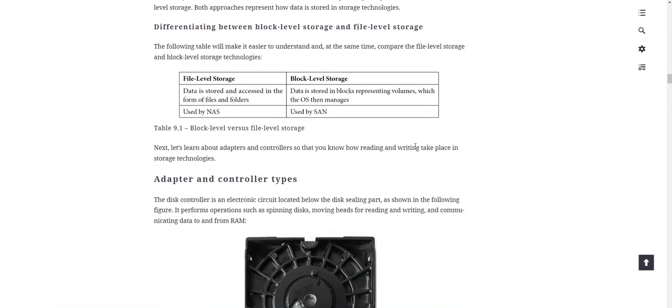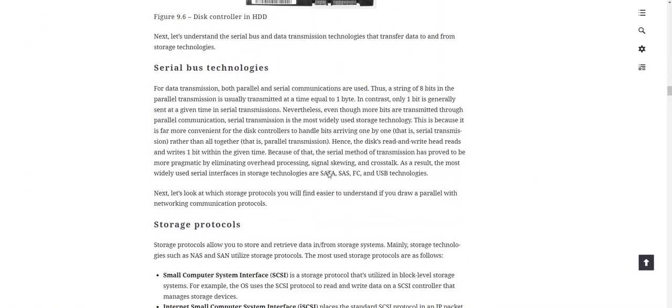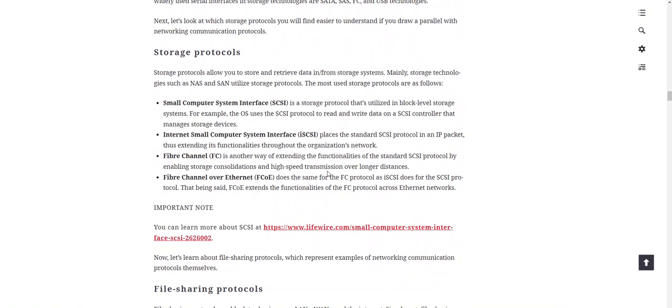From there, we've got an example of an HDD, and we'll talk about the different types of connections and the protocols associated with transferring data over the system.